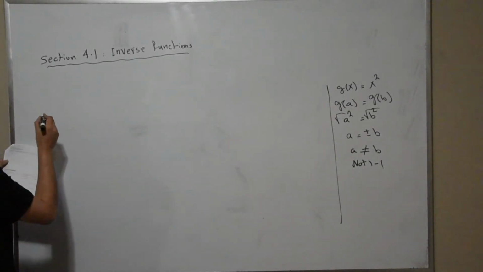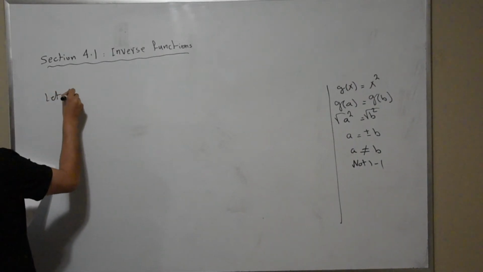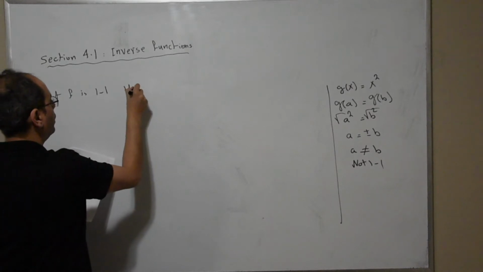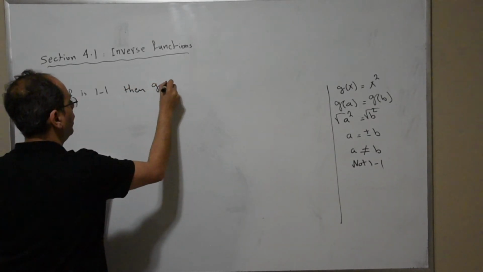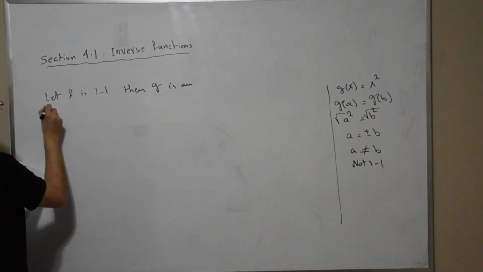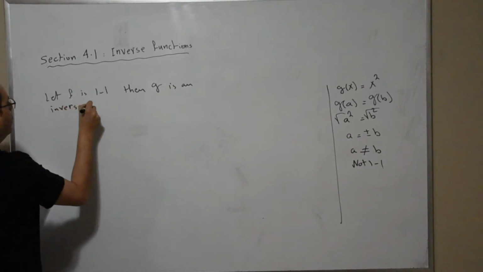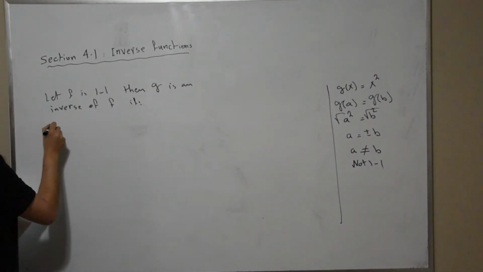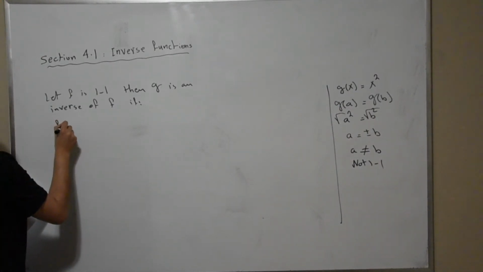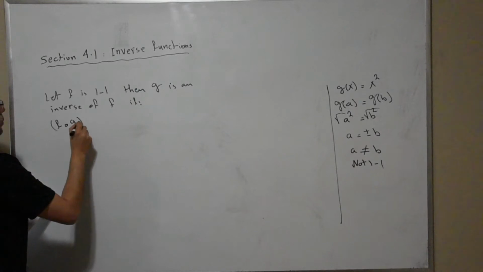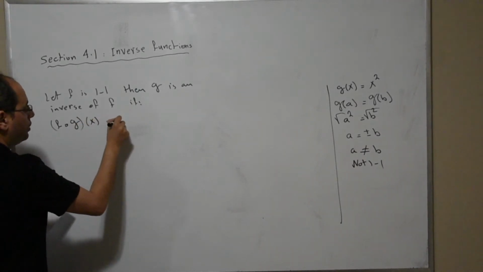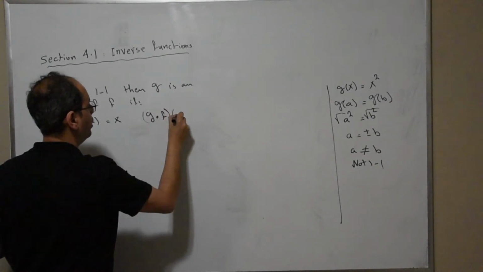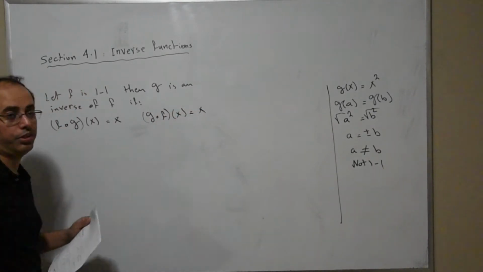We say that if f is a one-to-one function, then g is an inverse of f if, number one, f of g of x equals x, and g of f of x also equals x.